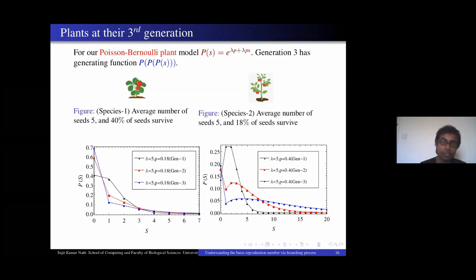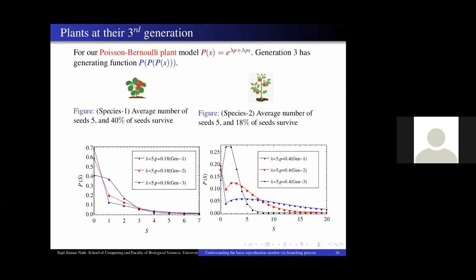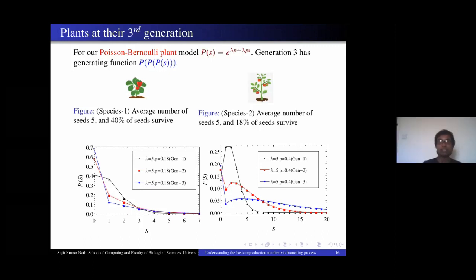Yeah, absolutely, you are correct. Let's say in the first generation you started off with some constant value of lambda and p, and in the second generation it remains constant, but it is different from what it was in the first generation. Then I think things are computable; analytically I think it is tractable. Yes, absolutely, it is tractable, but we need to do dirty calculations for that. Of course, you are absolutely right.